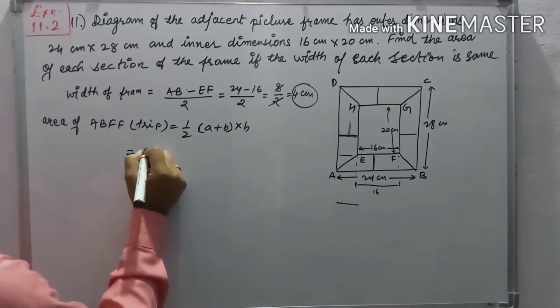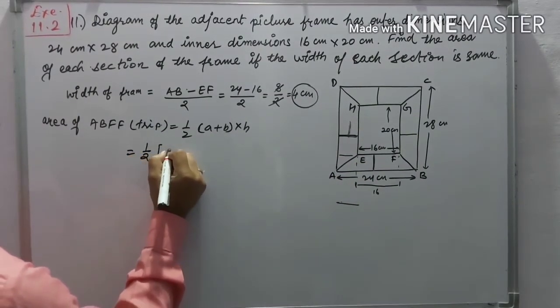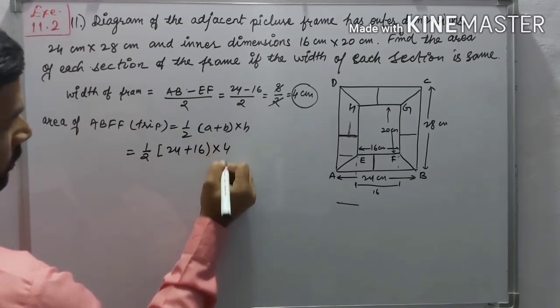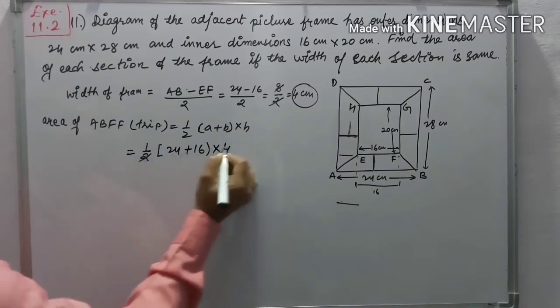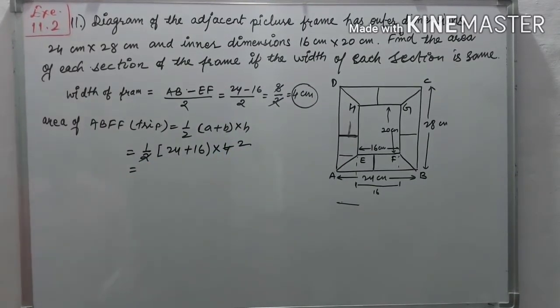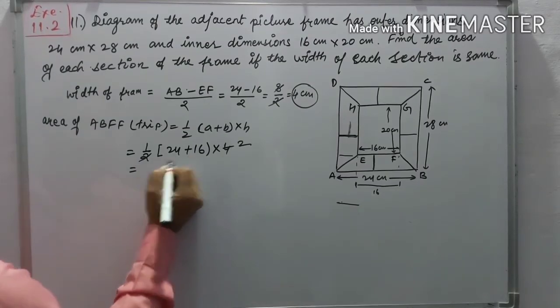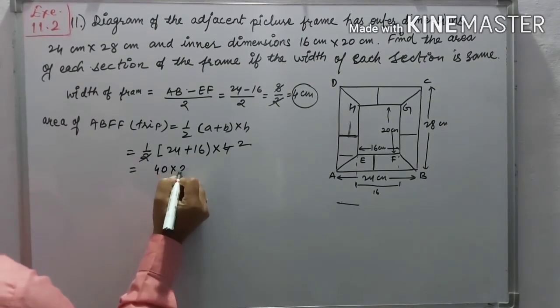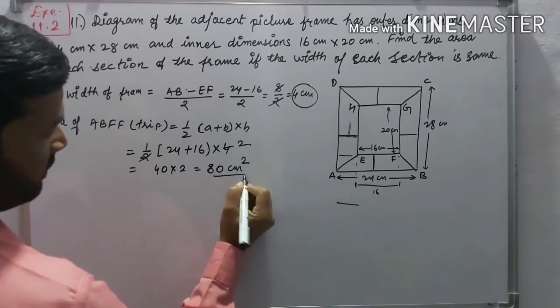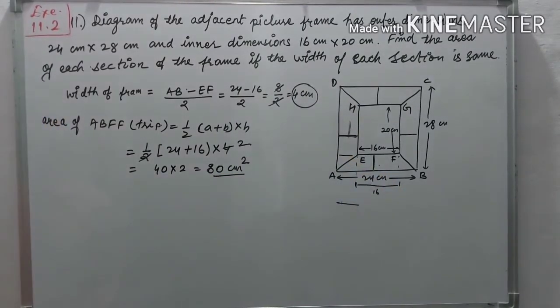Now solve: 1/2 (24 + 16) × 4. 40 into 2 is equal to 80 centimeter square for one section.